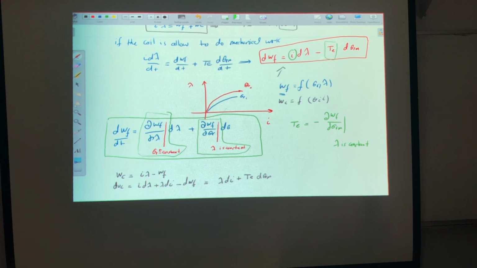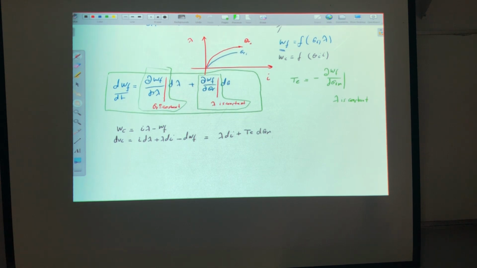So let's differentiate it. If we differentiate this one, we can see what? This will be partial omega c by partial i di plus partial omega c by partial theta d theta. But in one term theta is constant, in the other i is constant. Yeah, of course.